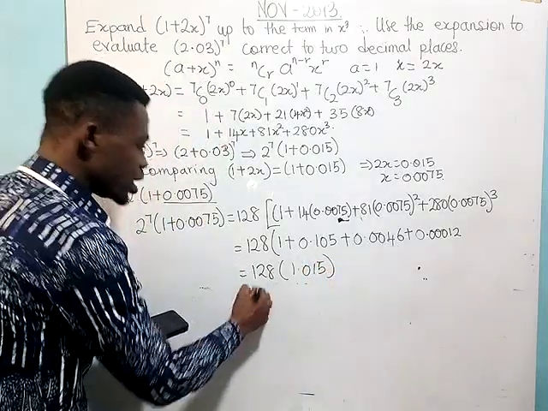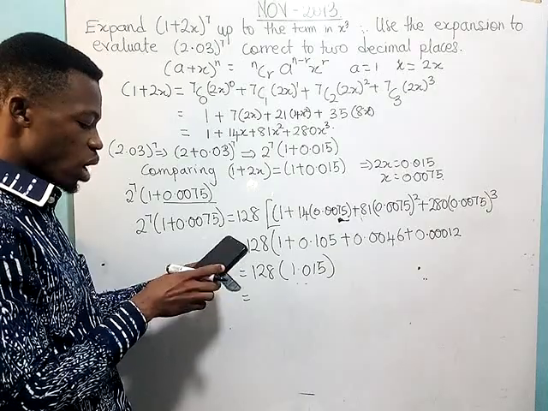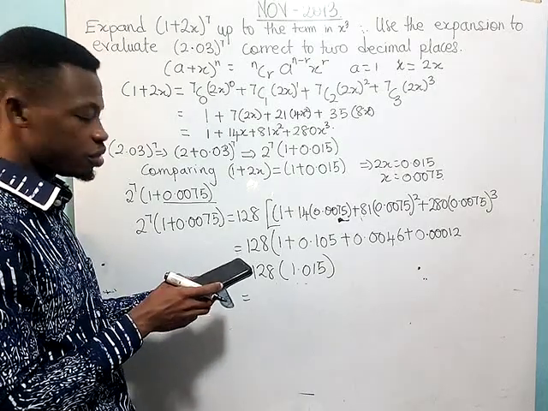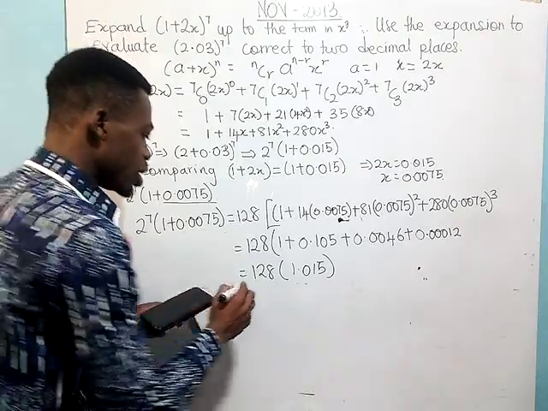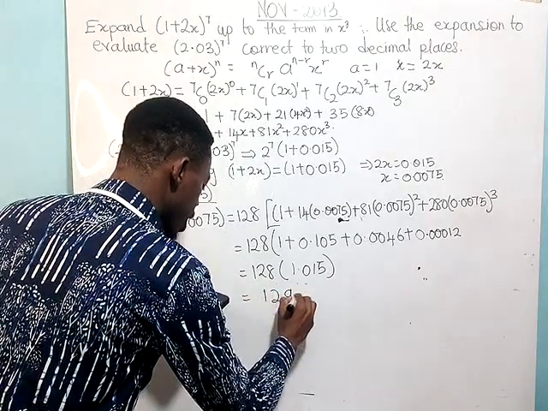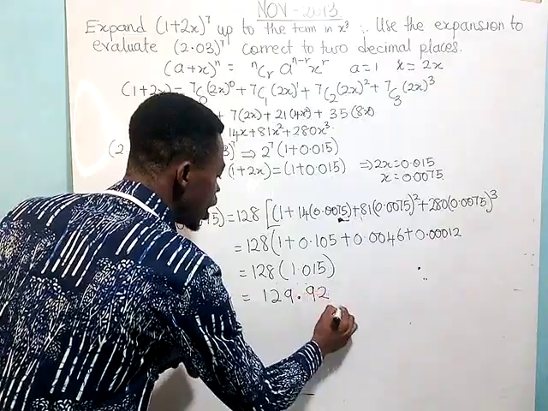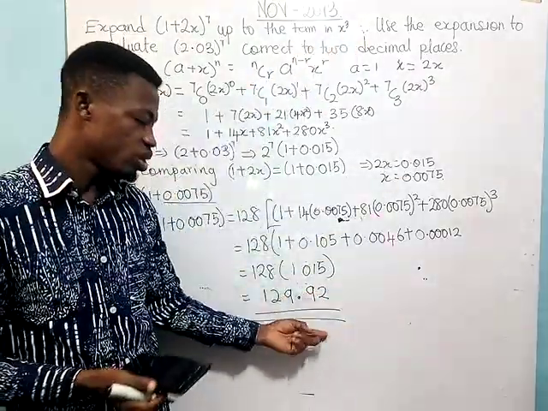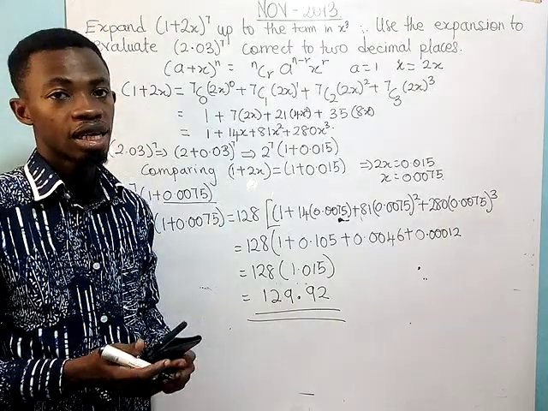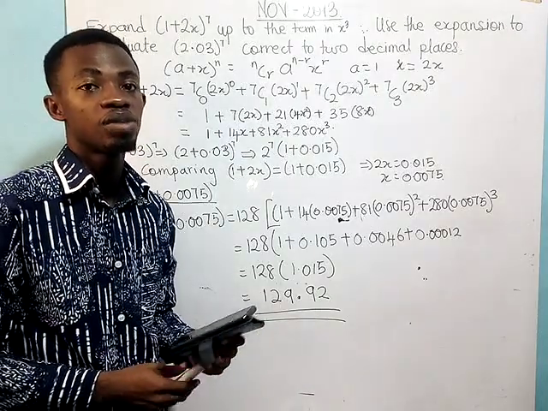You can end here. Then we multiply. So 1.015 times 128 will give us 129.92. And we're asked to correct to 2 decimal places. So this becomes the final answer. And this is Lawrence, the mathematics user.